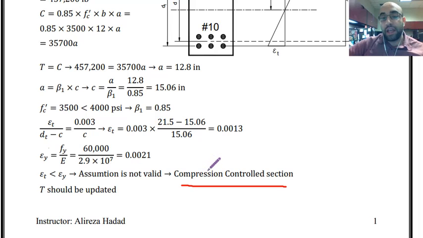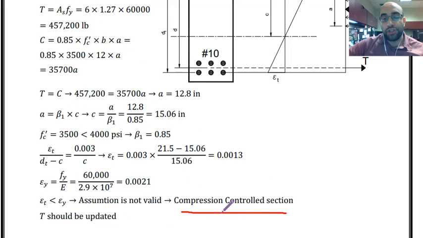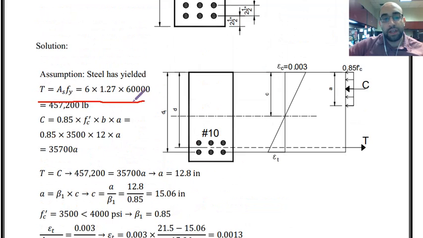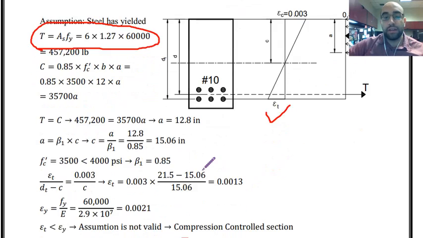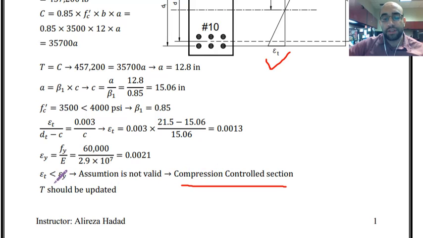The other thing that we have to understand in this situation is that this force that we calculated over here is no longer valid, because we said tension force is equal to area of steel multiplied by Fy. And now that we check the strain over here, we can clearly see that the strain is smaller than the yield strain.